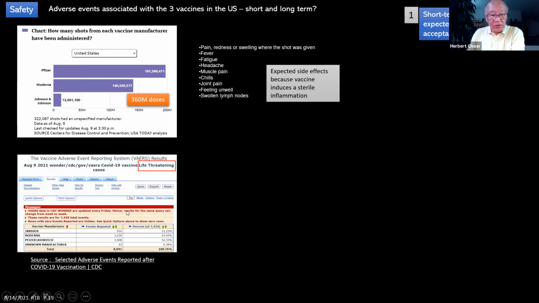I just did a search on the adverse events reporting system, and you can go do it yourself. I look at these vaccines and at life-threatening events, and it came out 8,000. So out of 360 million doses, you have 8,000. So the incidence.